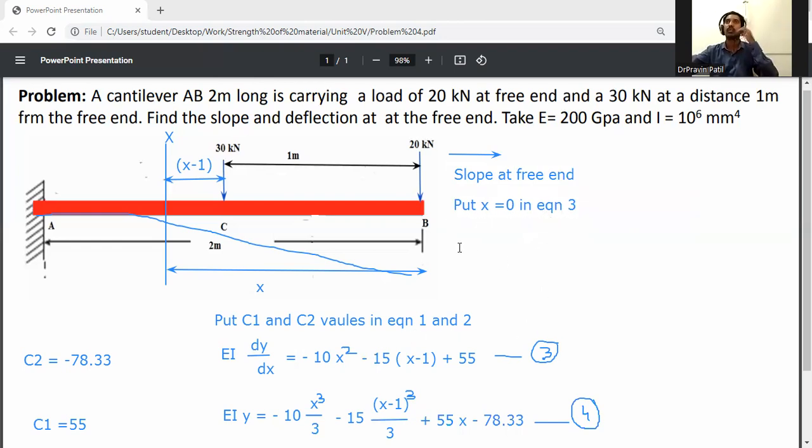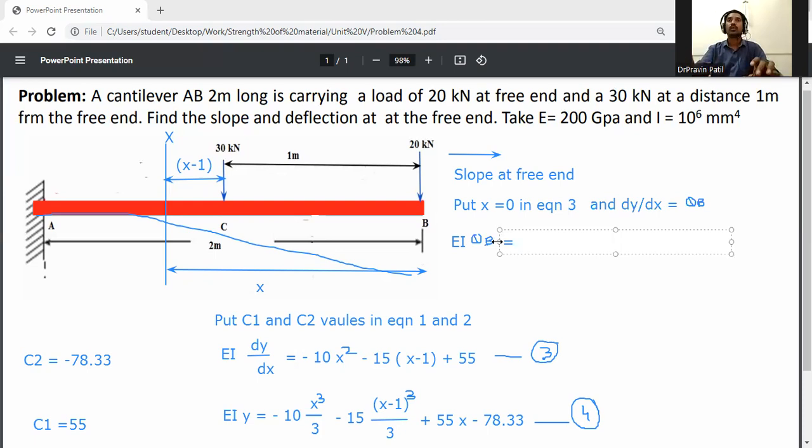So EI dy by dx is equal to theta b, the slope at b.